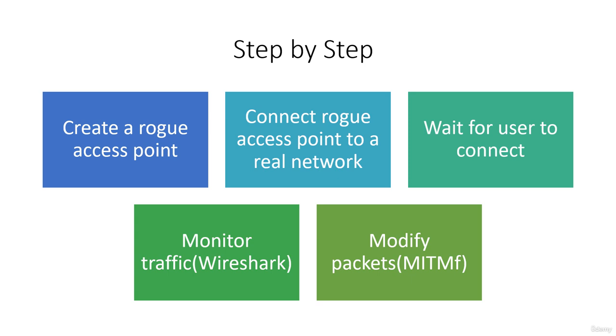Then we capture the traffic with Wireshark, and wait for the user to connect. And if you want to modify and inject packets you can use tools like MITMf, but that's optional.